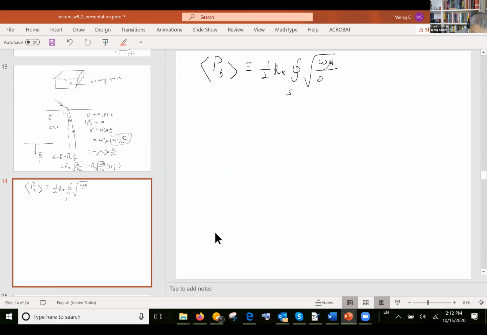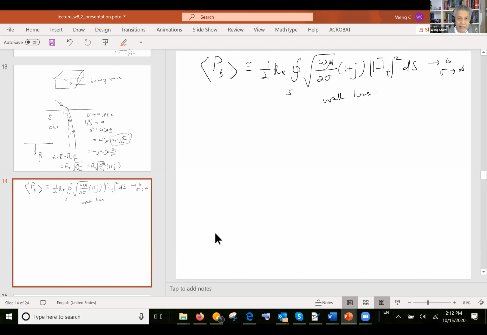I'm not going to go through the detail, but with the sanity check that when sigma goes to infinity, this wall loss is equal to 0. This tends to 0 when sigma goes to infinity. This is the wall loss.